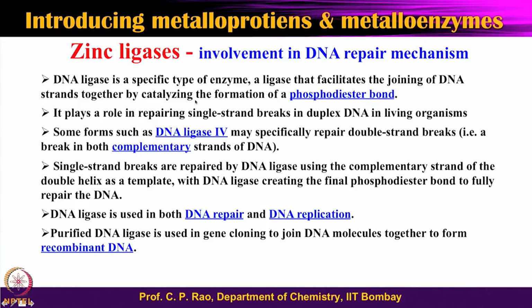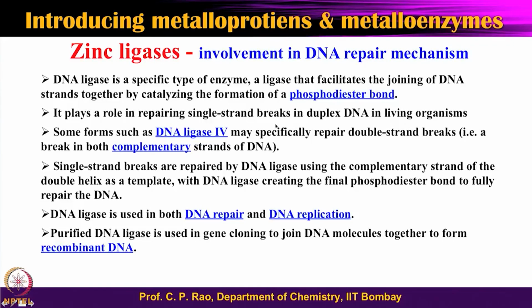So, these ligases will repair this particular broken piece, basically by catalyzing the formation of the phosphodiester bond. So, this will help in making the phosphodiester bond. Therefore, it is basically a repair kind of thing.